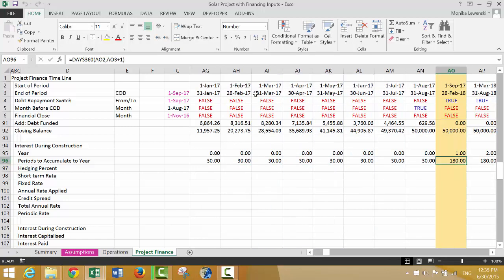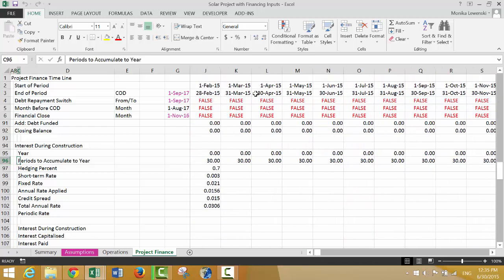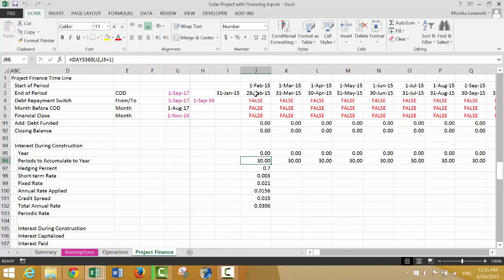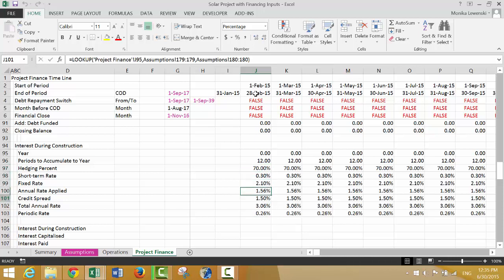So it goes from 30 to 180, and then we just put 360 divided by that, and this gives you 12 months, and so the periodic rate, in this case, we don't do anything fancy, we simply divide it by 12. And I think these are all percentages, Shift Control P, Shift Control R, and we have all of our interest rate done.